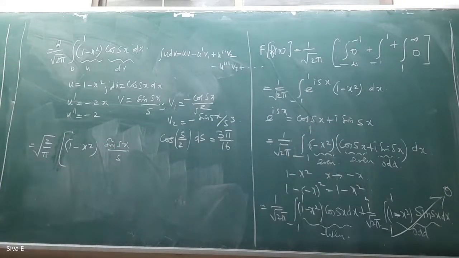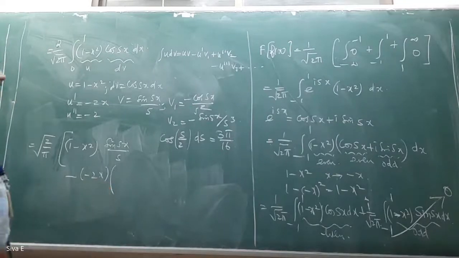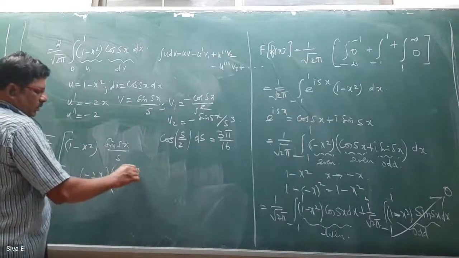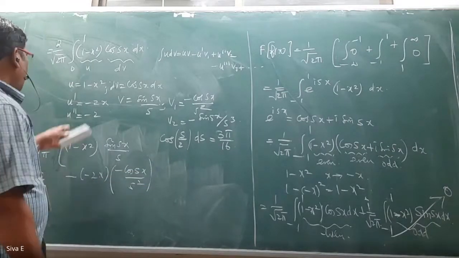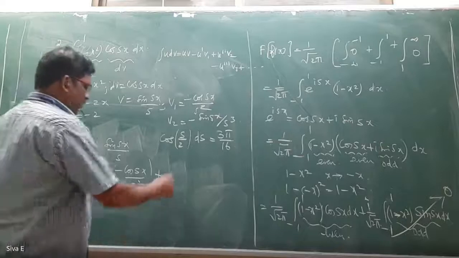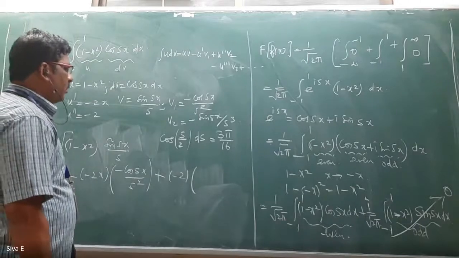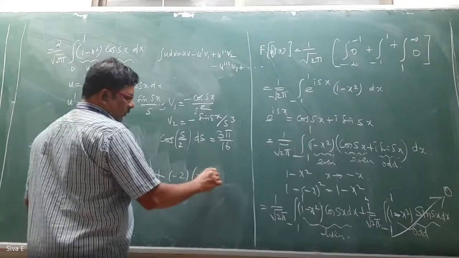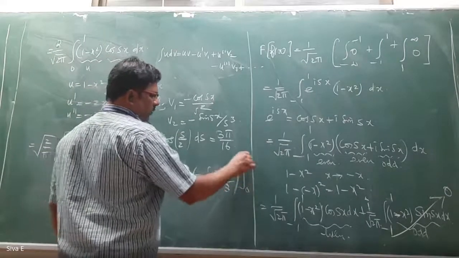And then minus u dash v1, where u dash is minus 2x and v1 is minus cos sx by s square. And then plus u double dash v2, where u double dash is minus 2 and v2 is minus sin sx by s cube, from 0 to 1.